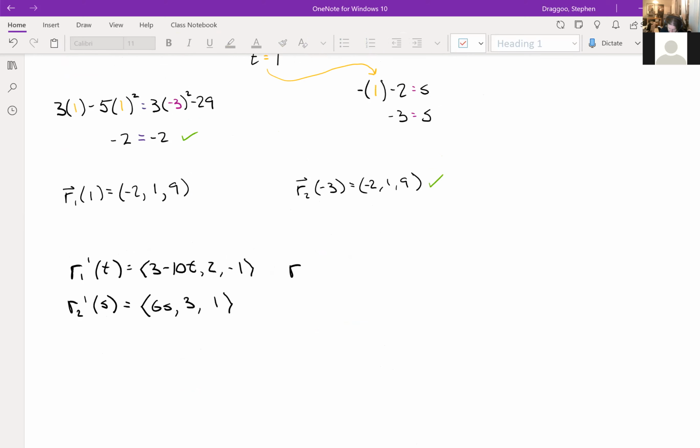All right, so R1 prime at 1 is -7, 2, -1. R2 prime at -3, because that was my s value, is -18, 3, 1.